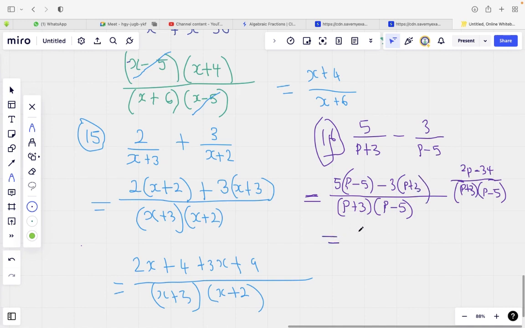The denominator we keep constant. So we have 5p. 5 multiplied by negative 5, we get negative 25. Then negative 3 multiplied by p, we have negative 3p. Then negative 3 multiplied by 3, we get negative 9.